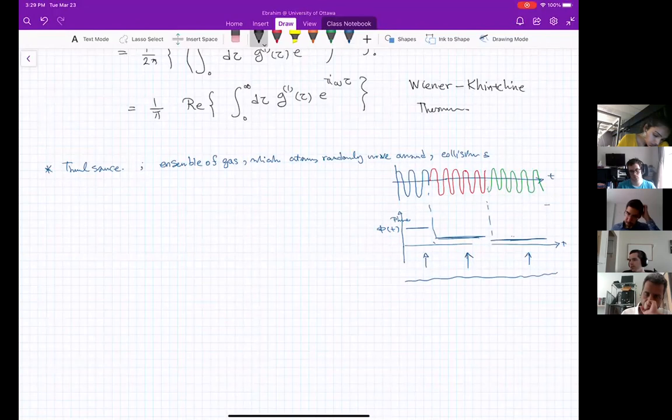So we have n number of atoms. The electric field that I'm dealing with, the total electric field at the time t, let's see, what is the notation that I have used?